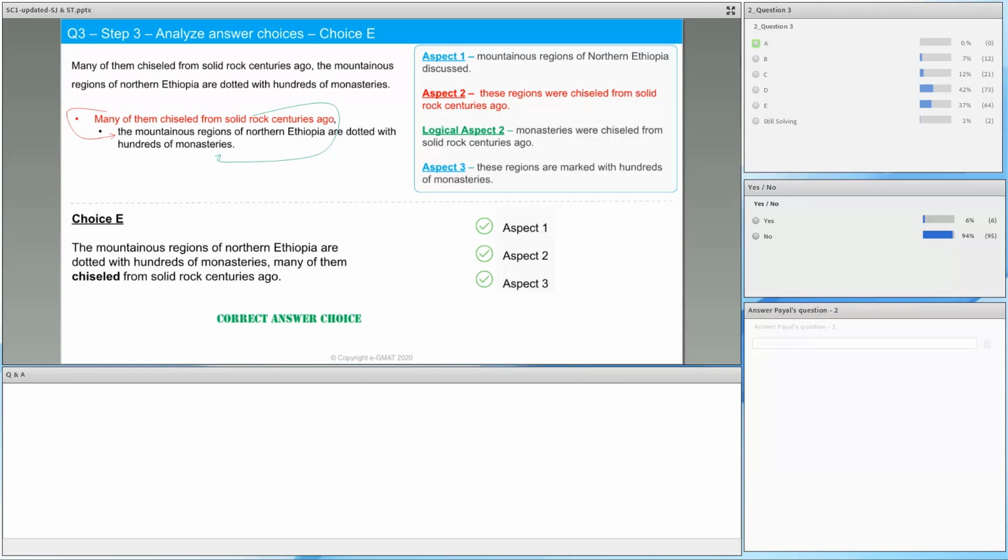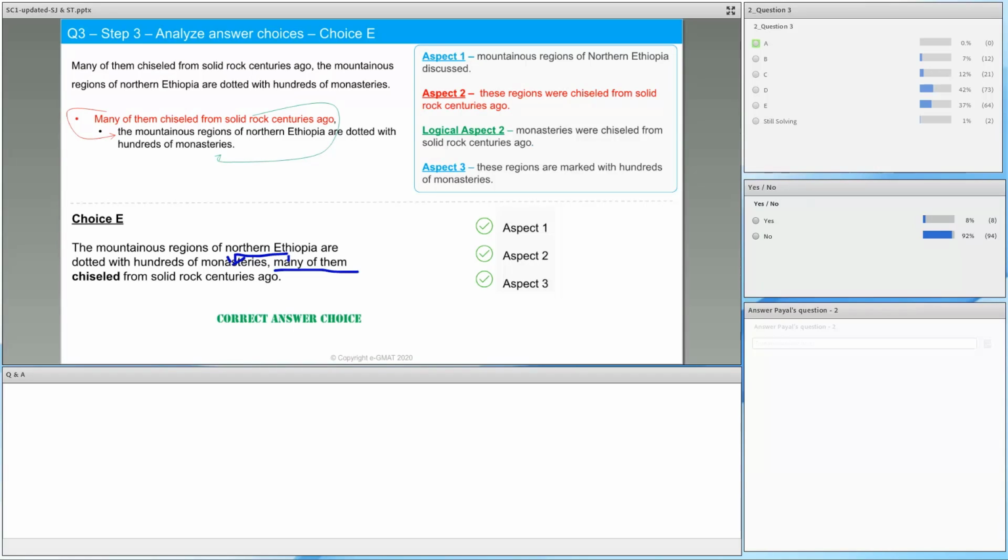Choice E indeed is the correct answer. It presents all the aspects, it presents all the logical meaning correctly. Everything is logical in this sentence. Many of them chiseled from solid rock centuries ago. Many of them, again, this descriptor is talking about the closest noun over here, which is monasteries.